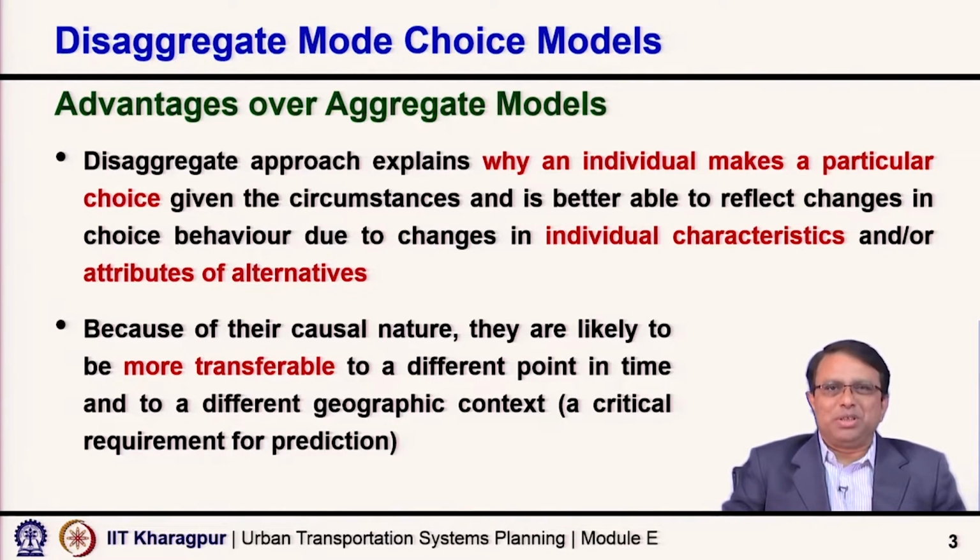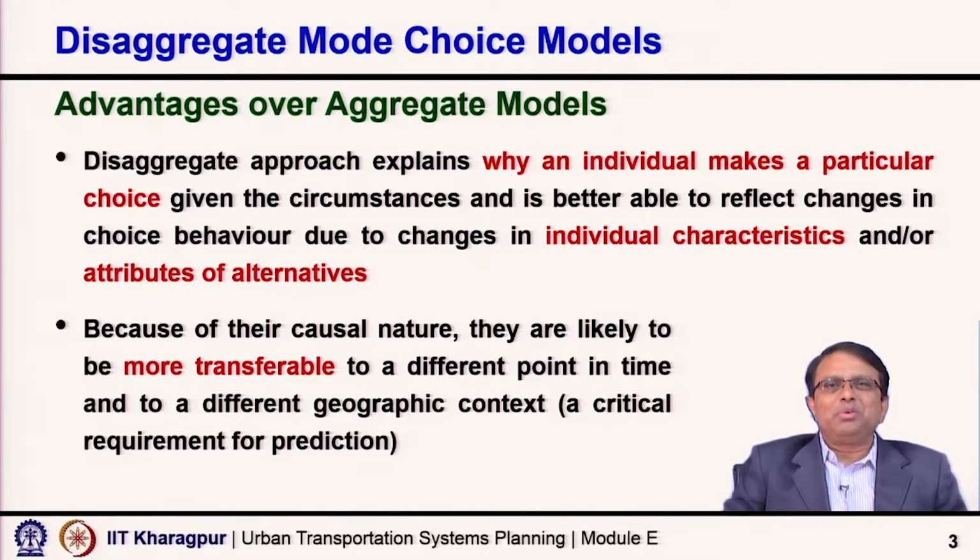Now, because of this causal nature, these disaggregate models are more likely to be transferable to different points in time and also to different geographical contexts, because the behavior of some kinds of trip makers remains more stable.